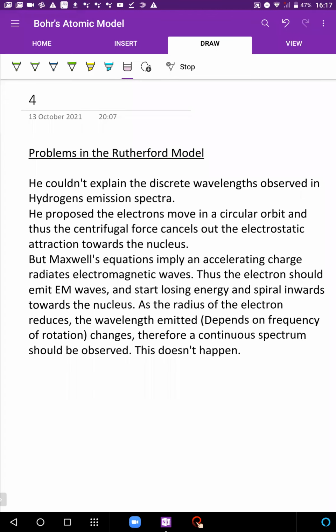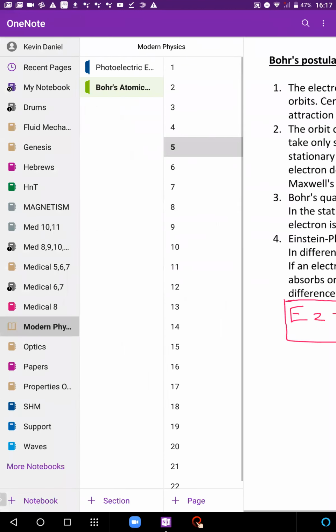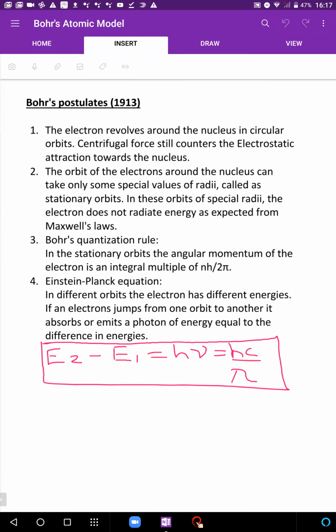Somebody is giving me facts: it will fall to the nucleus in less than 10 power minus 8 seconds. So what he's saying is right. The atom should destabilize and collapse really soon. And what do we do after that? No one knows. So of course, Rutherford's model has to be put aside.